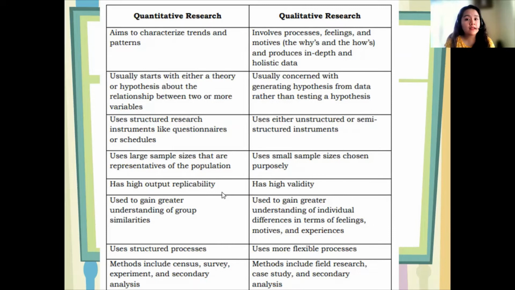But qualitative research involves process, feelings, and motives. The whys and the hows, produce in-depth and holistic data. So what do we mean? So in qualitative research, ang mga lumalabas lang sa collection of data mo is yung mga non-numeric, sinabi ko na nga, di ba? The whys and hows.